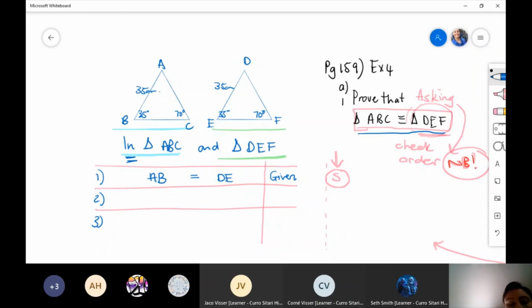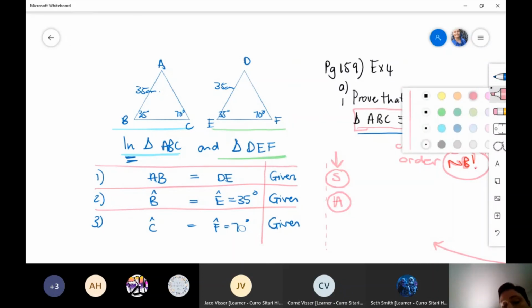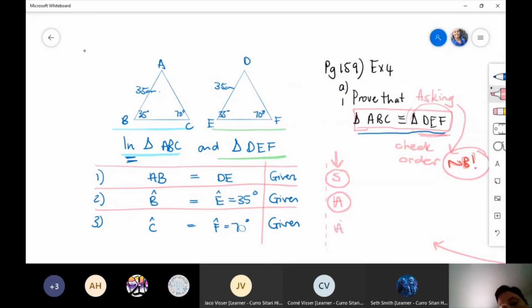Then I see angle B being equal to angle E. That's also been given, but that, for my understanding, is an angle. And then I go back and I see, okay, great, I've got another angle, C, equal to F. And that has also, in fact, been given. Quite a simple one, but it is an angle.